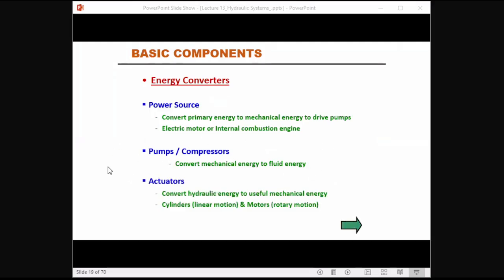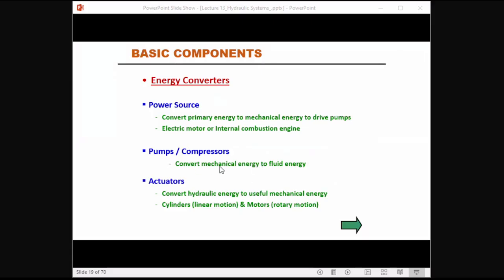You can take this type of application as an example. Then actuators. What are the actuators? Actuators convert hydraulic energy to useful mechanical energy. Useful mechanical energy means this mechanical energy is very large and important compared with the earlier mechanical energy.